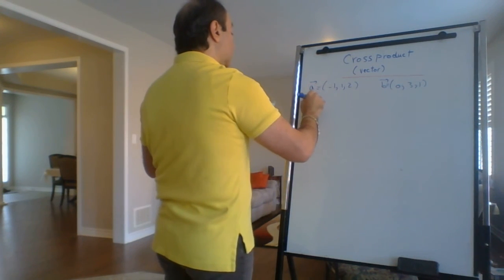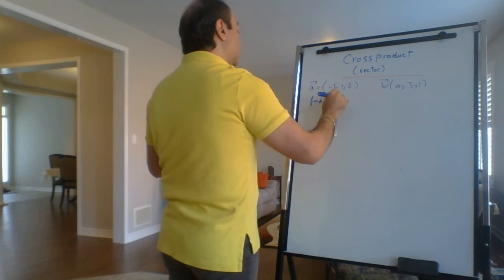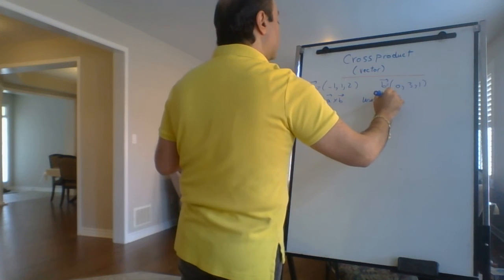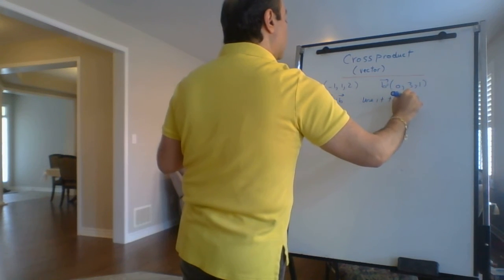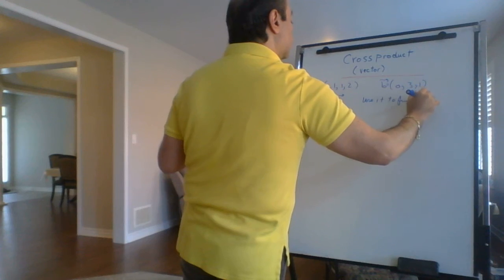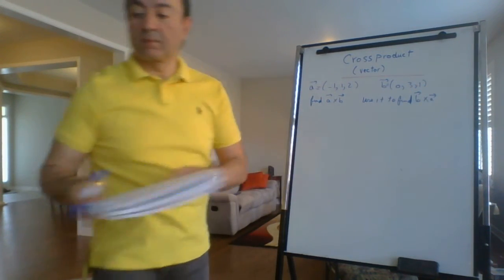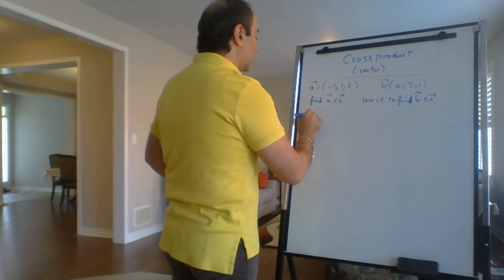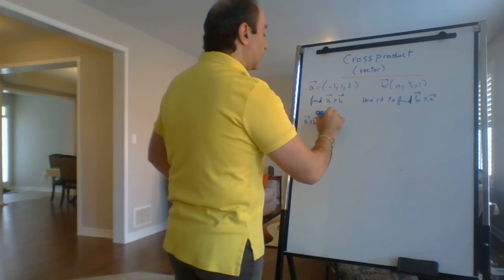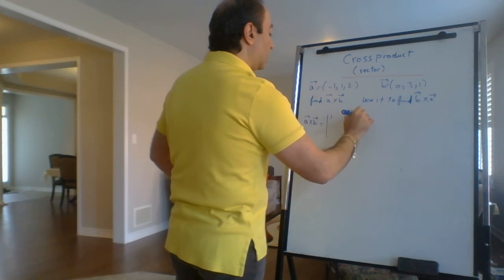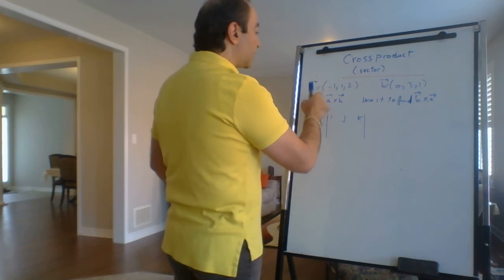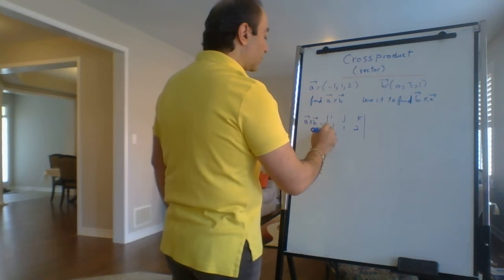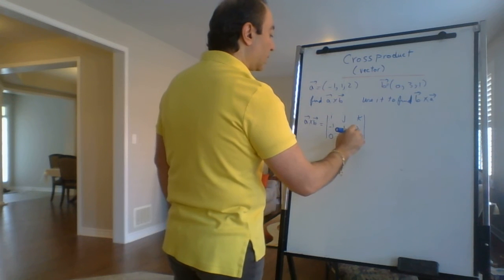Find A cross product B and use it to find B cross product A. So for A cross B, I will write I, J, K. I write the components of the first vector first, so negative 1, 1 and 2. Components of the second vector, 0, 3, 1.